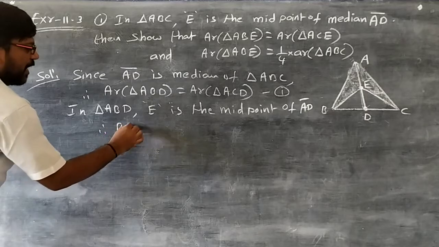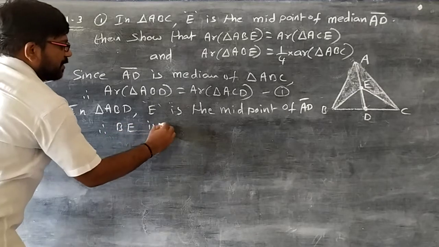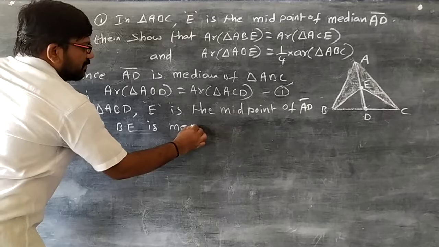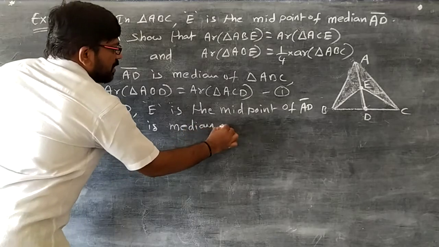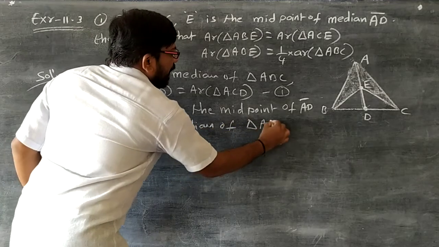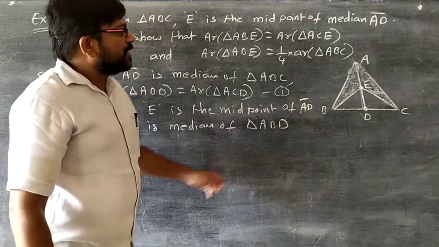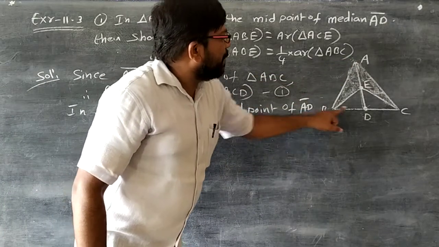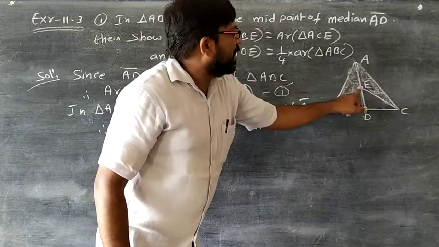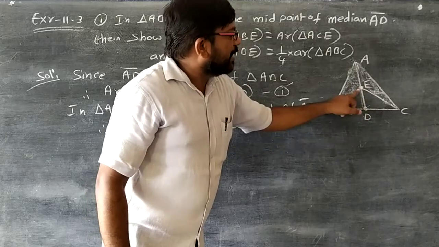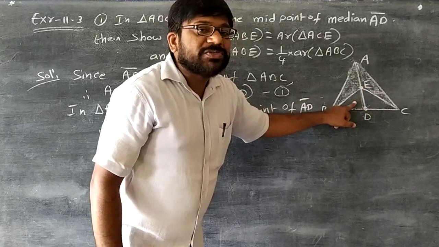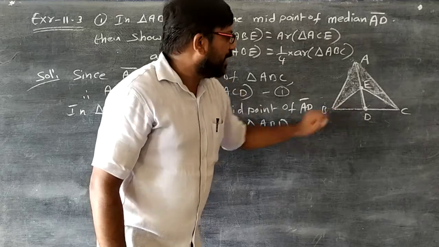Therefore, BE is the median. This median divides the triangle into two parts which are equal in area, right?